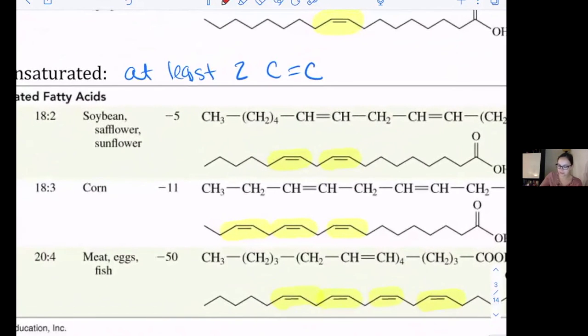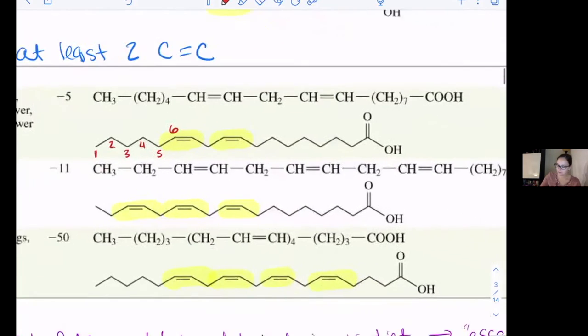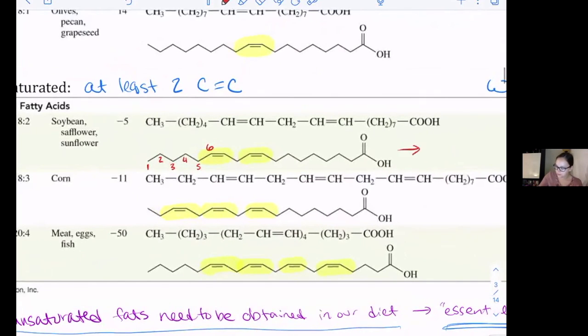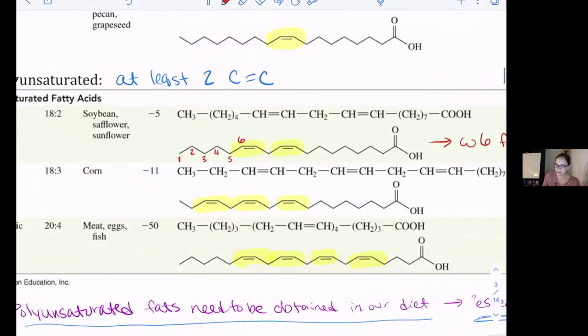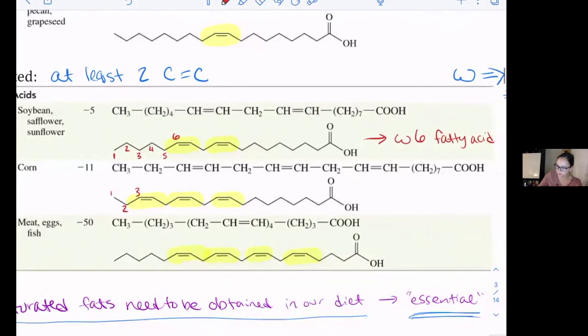On this first example, I'm going to start numbering on this end. 1, 2, 3, 4, 5, 6. So this is an omega-6 fatty acid. And then down here we have 1, 2, 3. So this would be an omega-3.